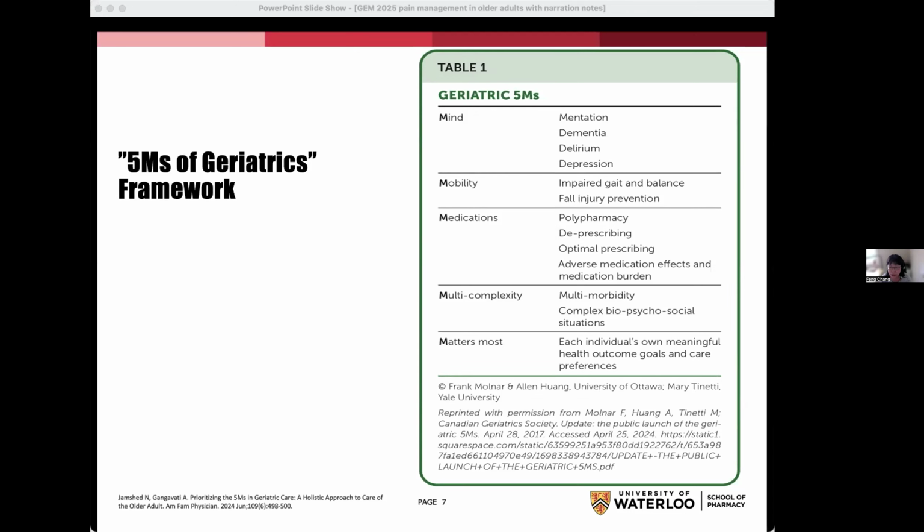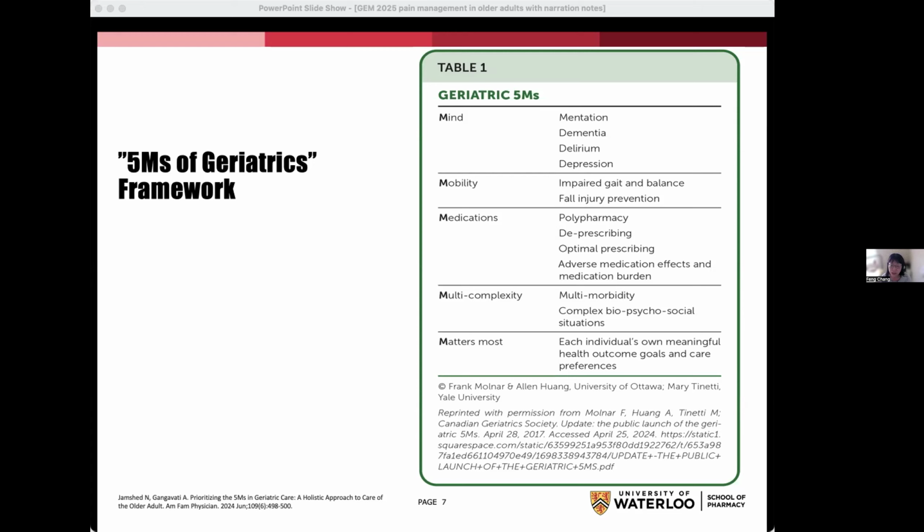Mind refers to cognitive impairment, so that can get in the way of assessment, but also in the way of cognitive behavior therapy and some other therapies where cognition is important. Mobility is talking about how, if you're trying to get them moving, it may not sometimes be possible for them to engage in full exercise.